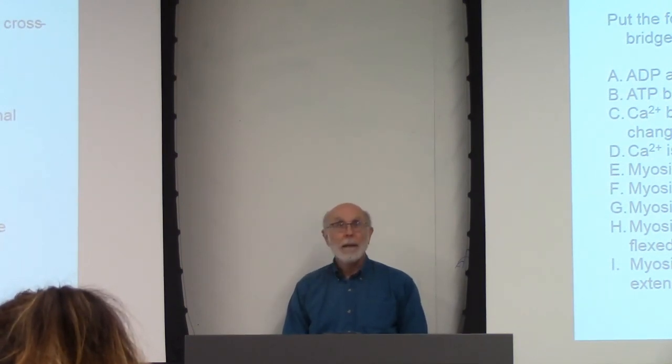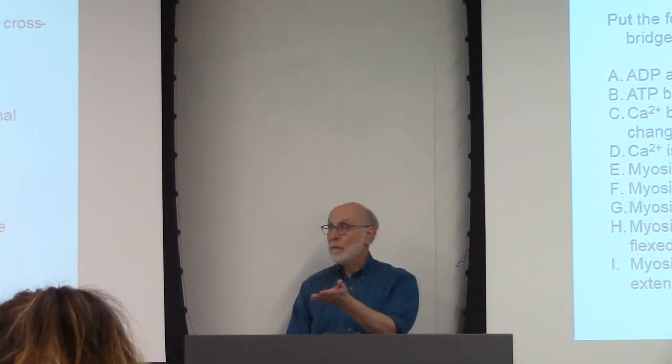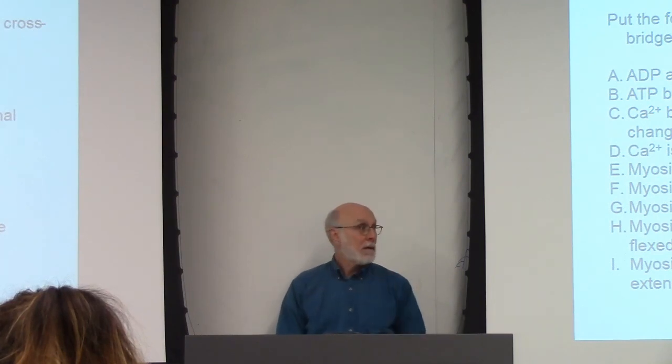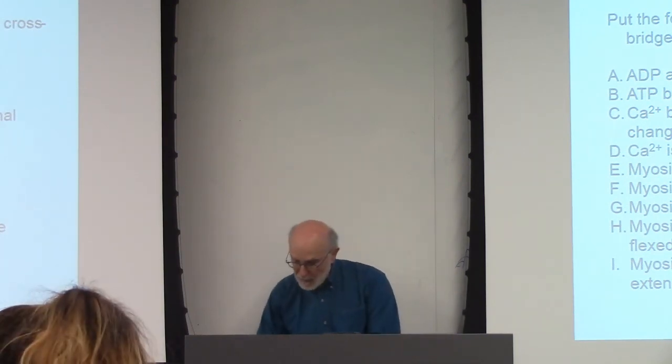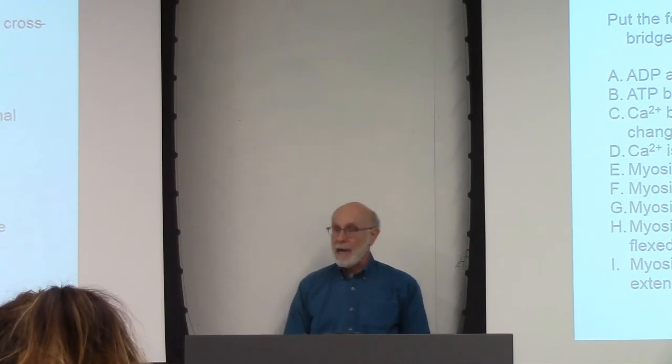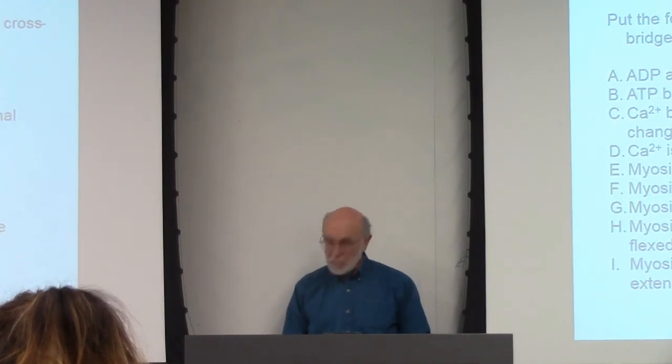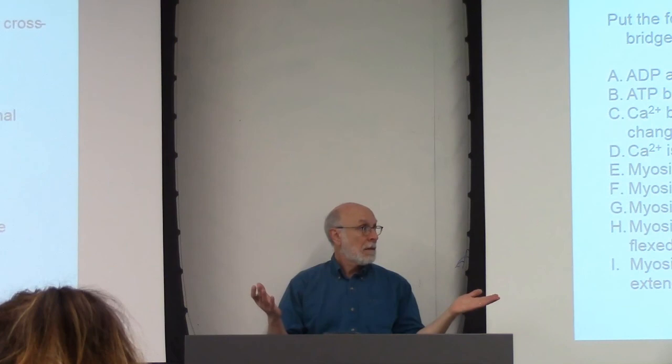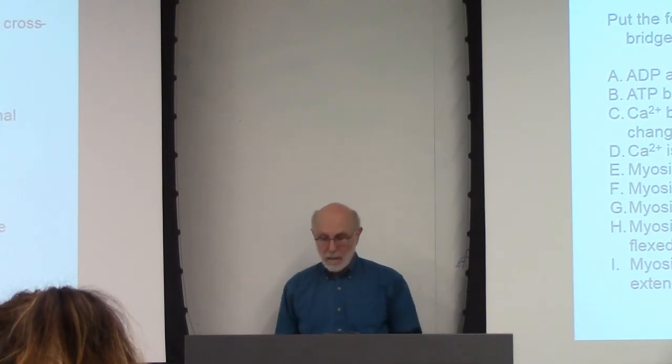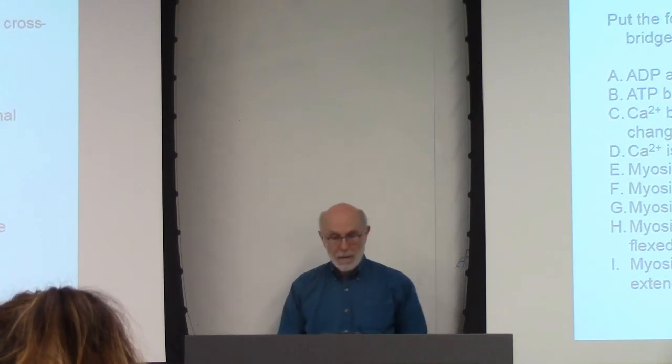What's next? I heard the letter B. Now we have B, ATP binds. What does that binding do? Next letter. G, ATP binding causes myosin to unbind from actin. Then what?